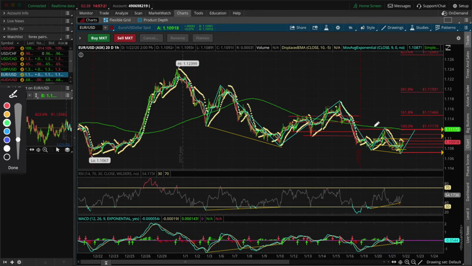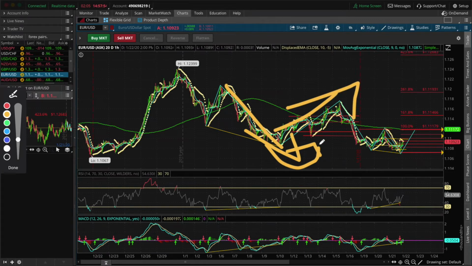Okay, so let's talk about divergence real quick. Divergence is these yellow lines that I've marked. Essentially, divergence is going to let you know when there's going to be a swing or a reversal, meaning that you were going down in a particular direction and now you're moving in another direction, right?